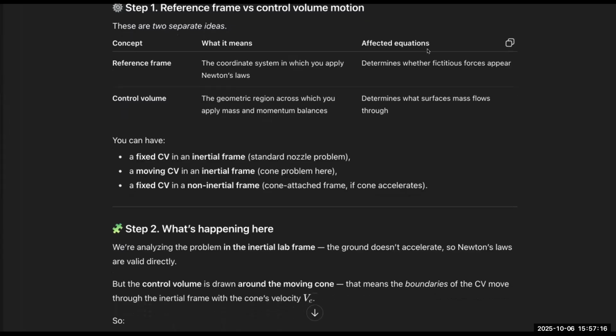So we can have a fixed control volume in an inertial frame, like a standard nozzle problem, a moving control volume in an inertial frame, like the cone problem here, or a fixed control volume in a non-inertial frame, which is the cone-attached frame, if the cone accelerates.